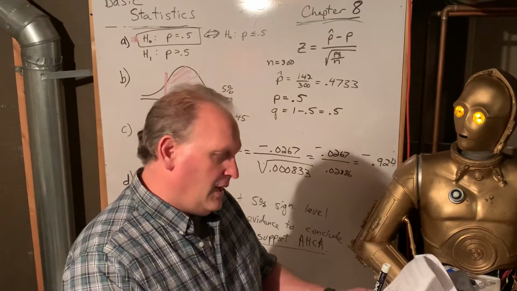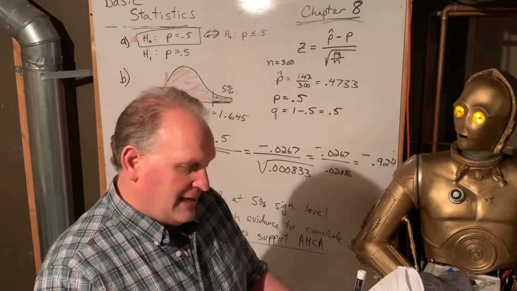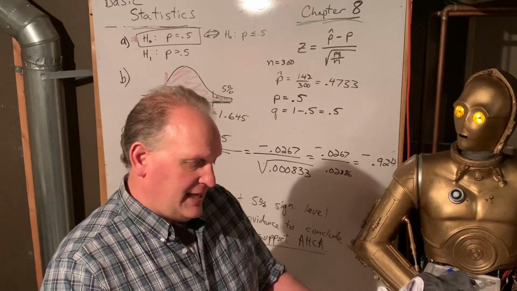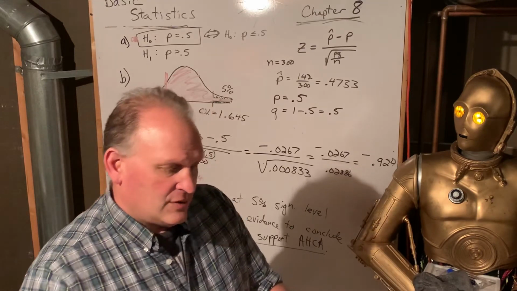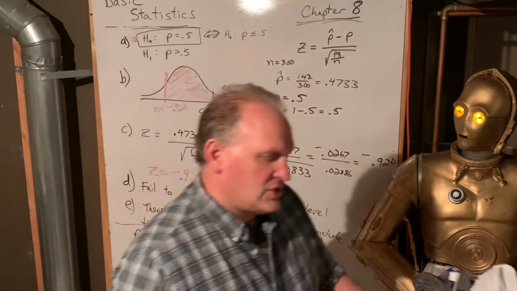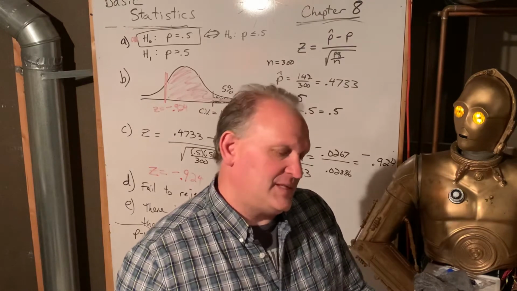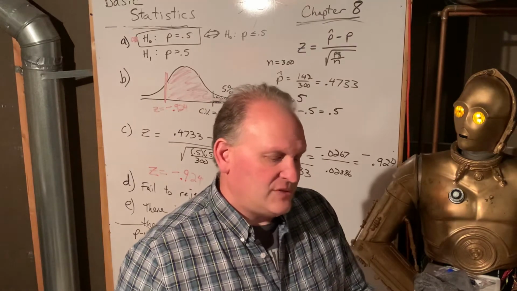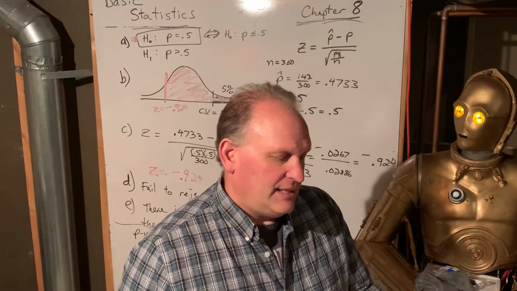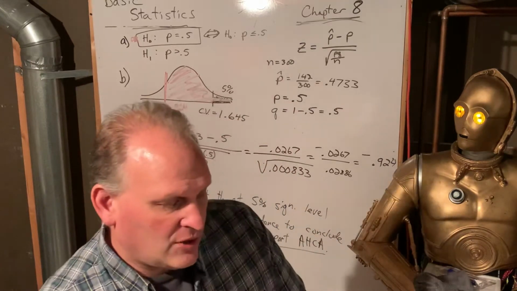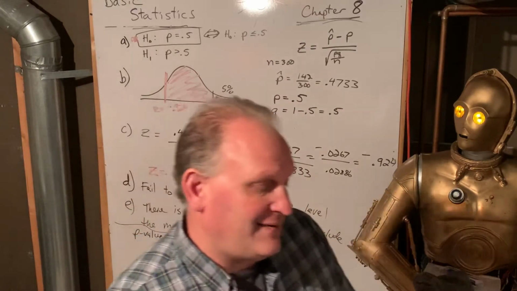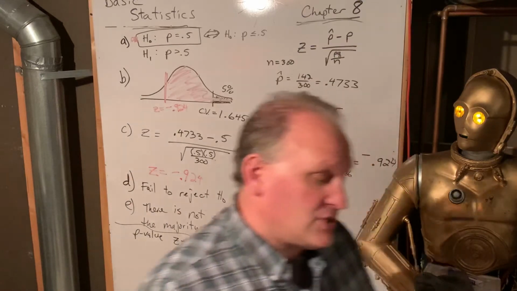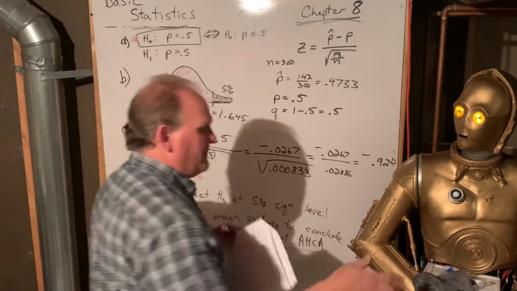Okay. One more problem, just like that. In order to use a z-test, we need to make sure the normal distribution approximates the binomial distribution. We should not use the test if n times p hat or n times q hat are less than 5. Yeah, that's true. And you won't have to worry about that.